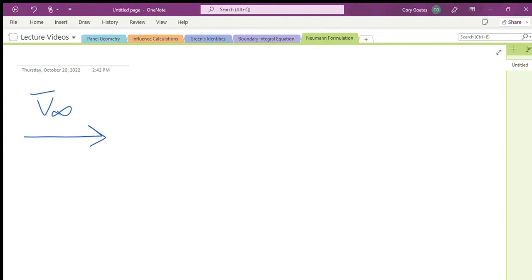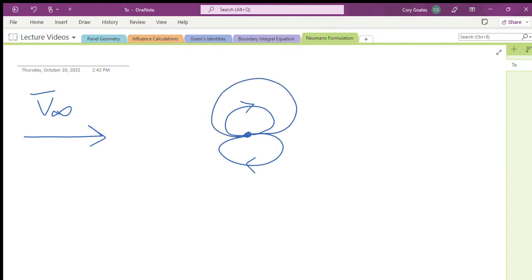And then we said at the origin we placed a point doublet, which induces a velocity field that looks kind of like this. Oh, those arrows are backwards, I apologize.